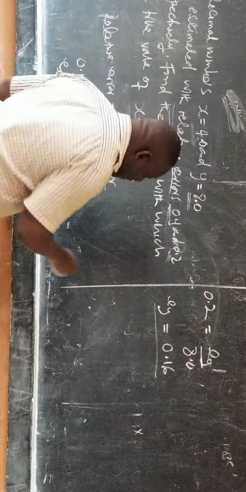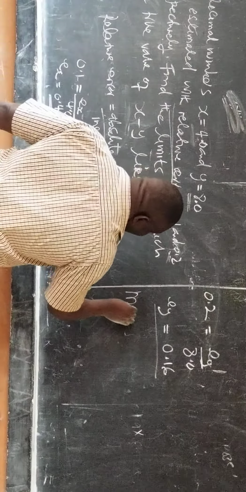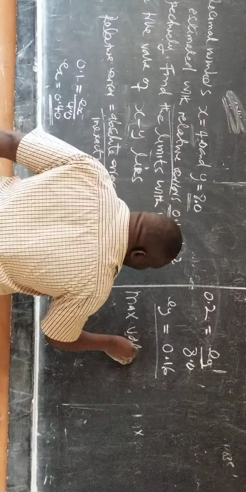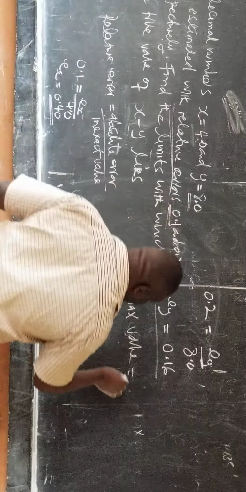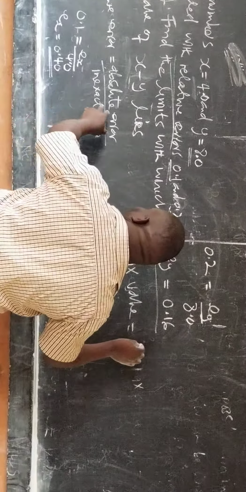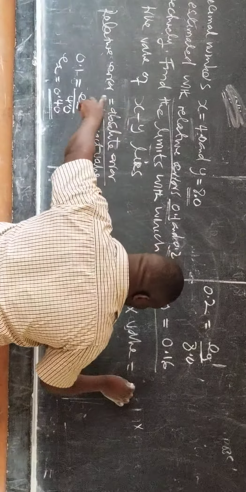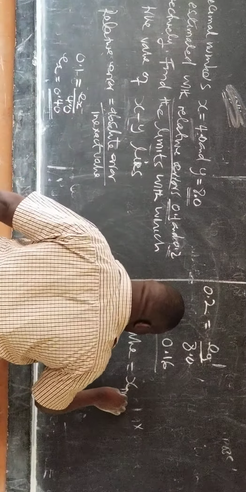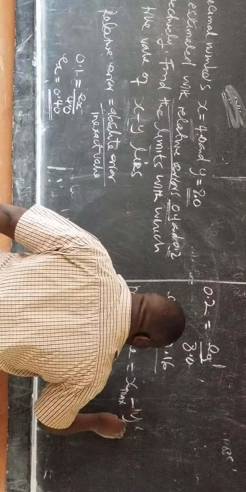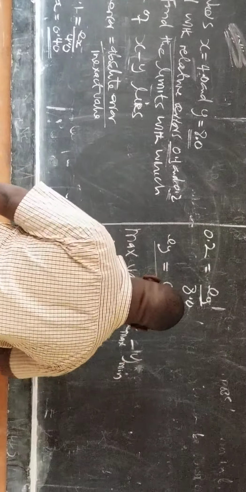So to get the maximum value of the expression, which is x minus y, we make x maximum, and what we are taking away we make very small, that is minimum.